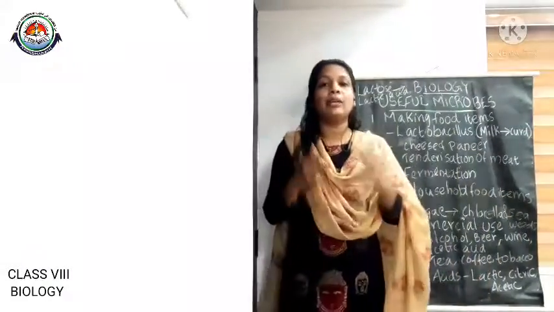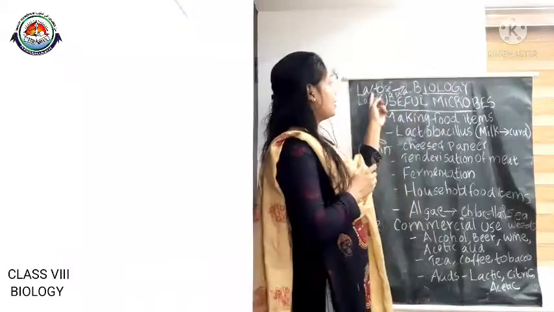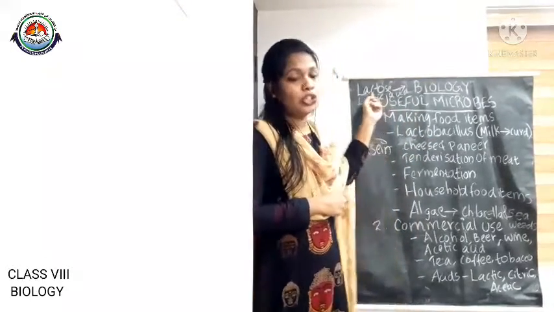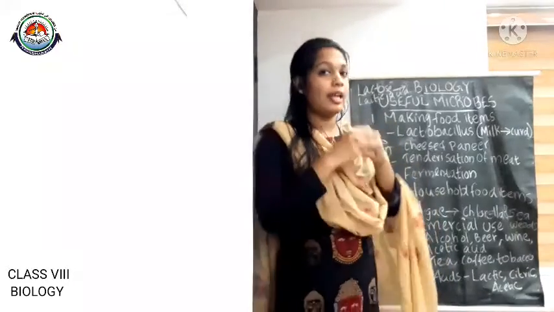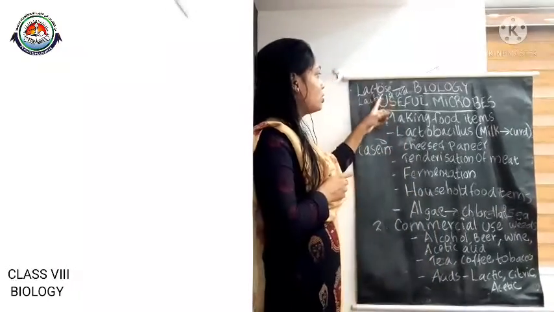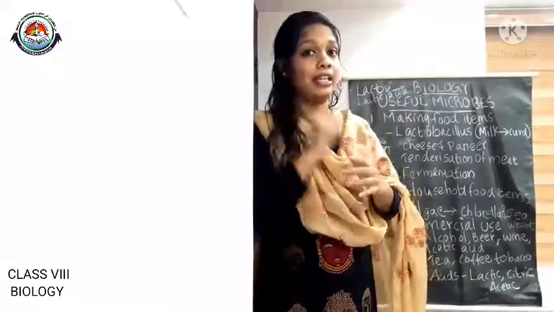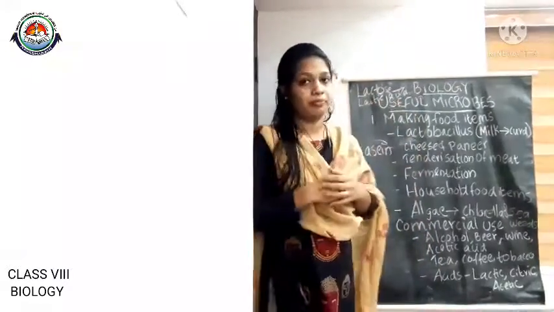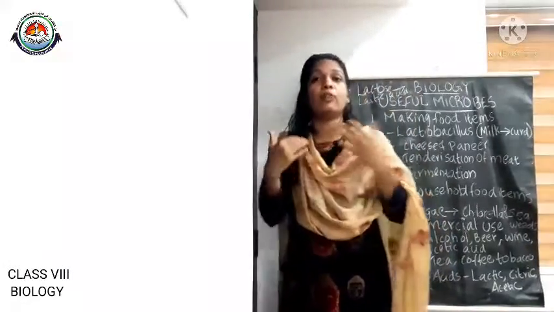We know that milk contains a sugar called lactose, and the lactobacillus bacteria helps to convert this lactose into lactic acid. So the milk will become acidic due to this lactic acid. Okay, so when the milk turns acidic, what will happen?